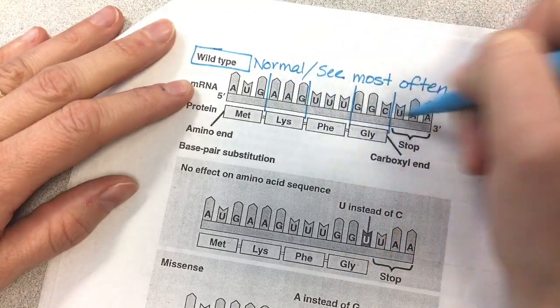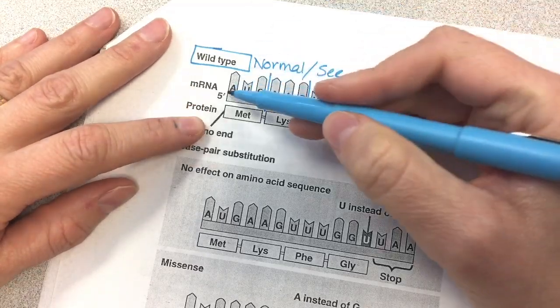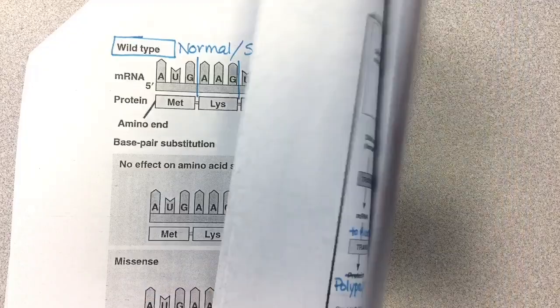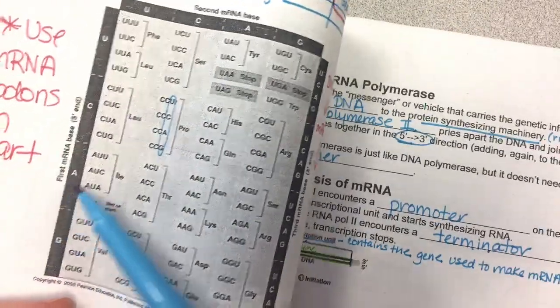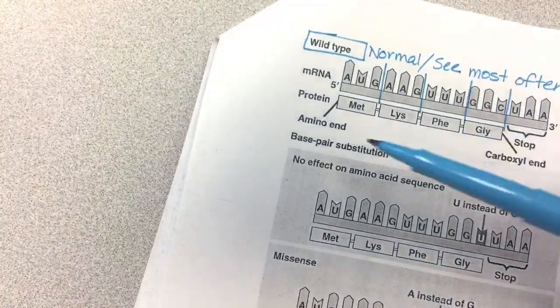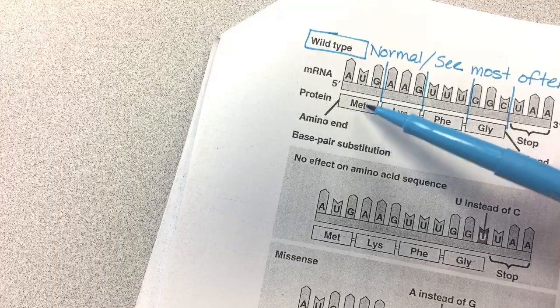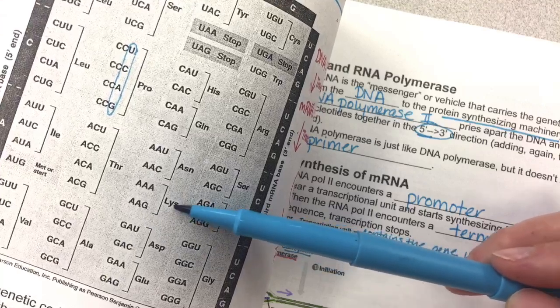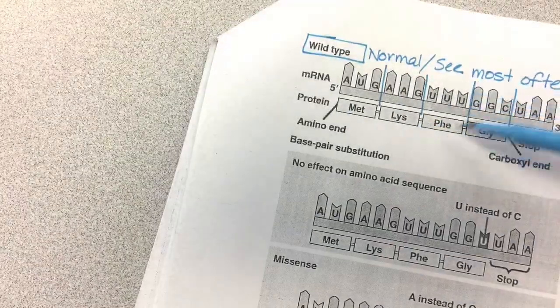And this already did the work for you. Here's your AUG, that's your start codon. And remember, you always use those mRNAs in here. So they went A, U, G, and this is methionine or start. So methionine is the first amino acid. Then AAG, if you do AAG in the chart, you get lysine. So that's what I have here, and so on and so forth.